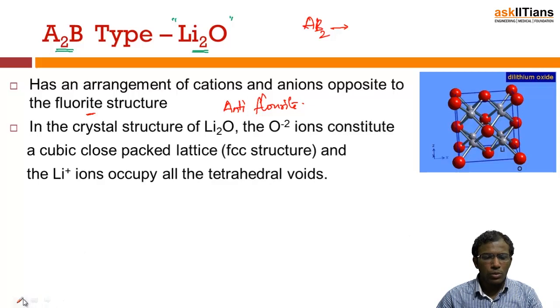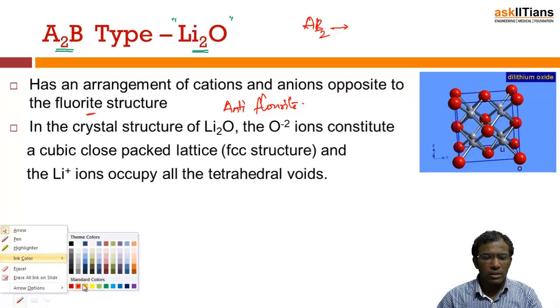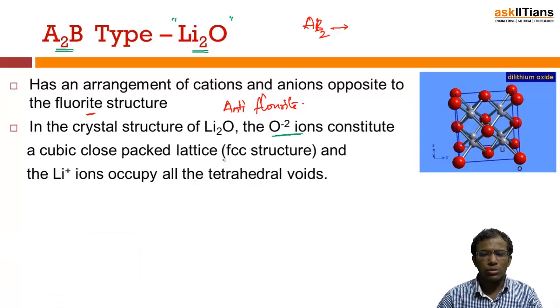In Li2O, in dilithium oxide, the oxide ions constitute the cubical close packed structure, and the lithium ions occupy all the tetrahedral voids. In CaF2, if you recall, the anions are occupying all the tetrahedral voids in calcium fluoride.